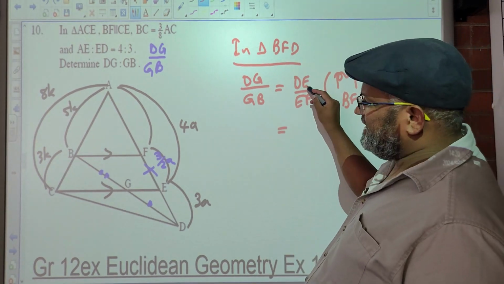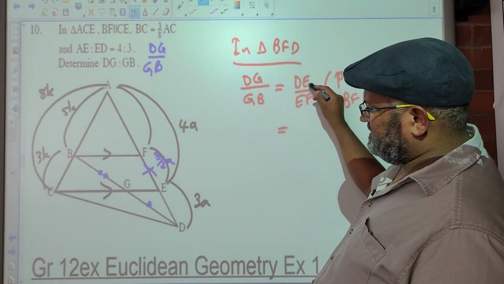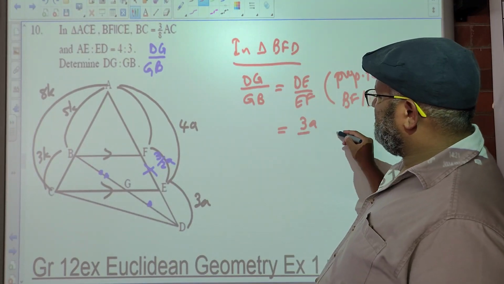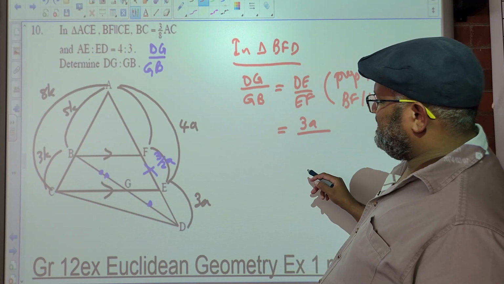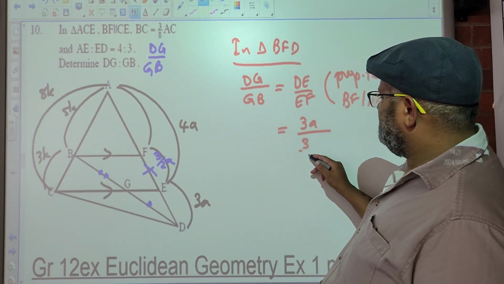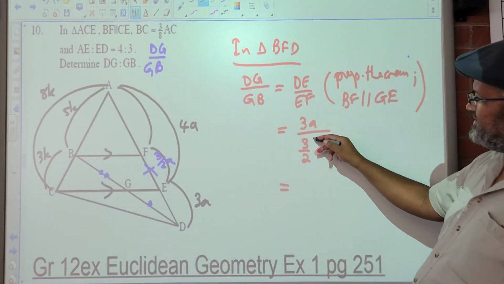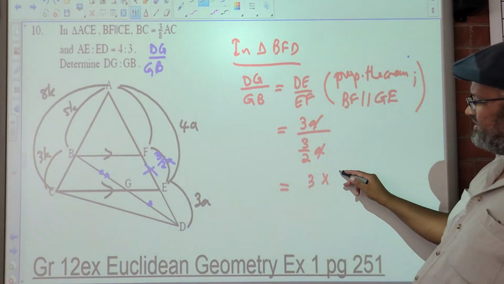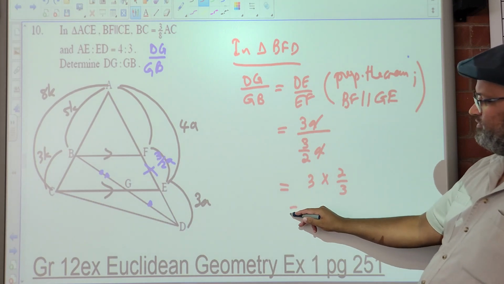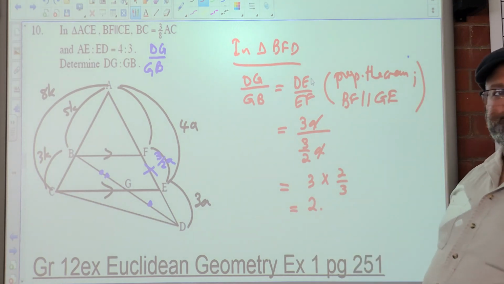Okay, so DE is what? 3A over FE, 3 over 2A. So of course the A cancels, so it's going to be 3 multiplied by its reciprocal, which is 2 over 3. So the answer is 2.